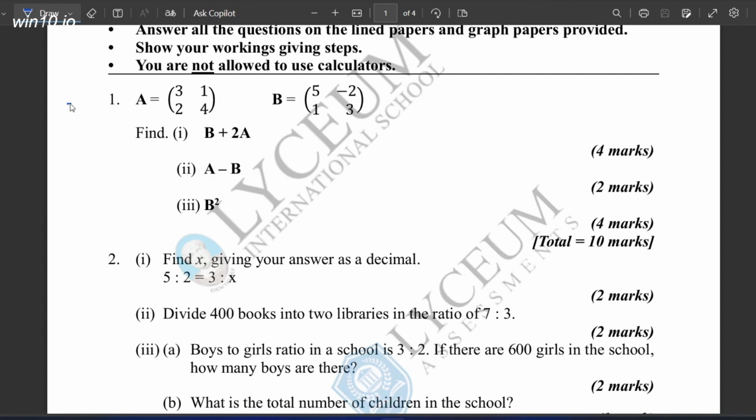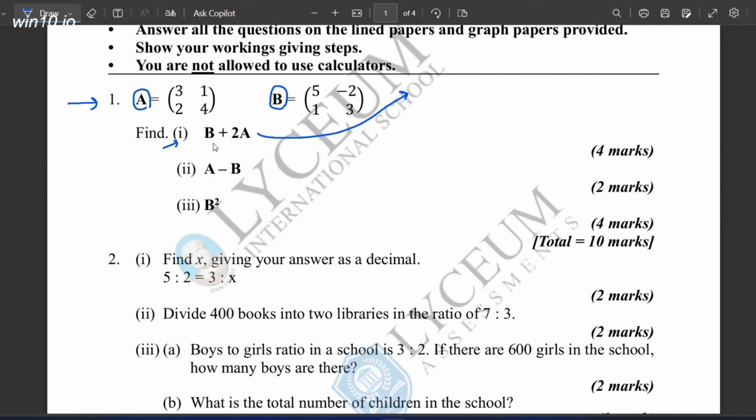They have given us the A matrix and B matrix. First, we have to find B plus 2A. Okay, so we can write those matrices.